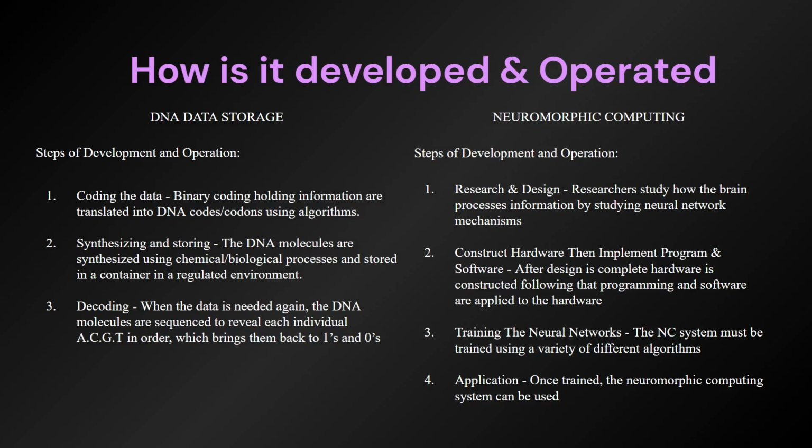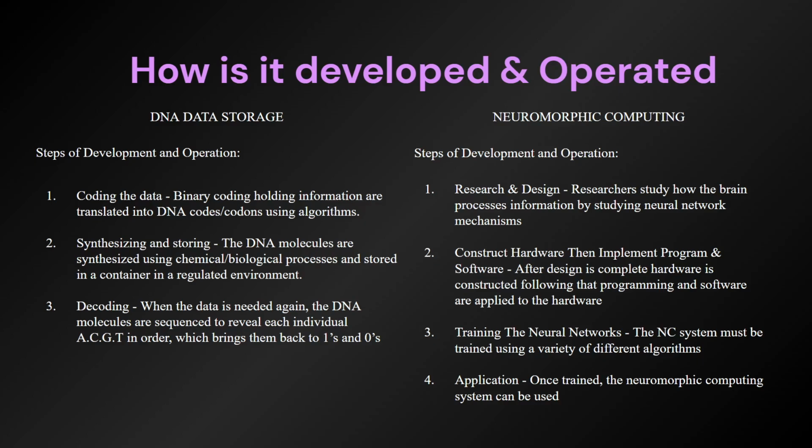Coding the data is just binary code, ones and zeros, that holds information that is translated into DNA codes and codons using algorithms. The DNA molecules are synthesized using a chemical and biological process and stored in a container in a regulated environment, like cooling, so the DNA molecules won't be damaged.